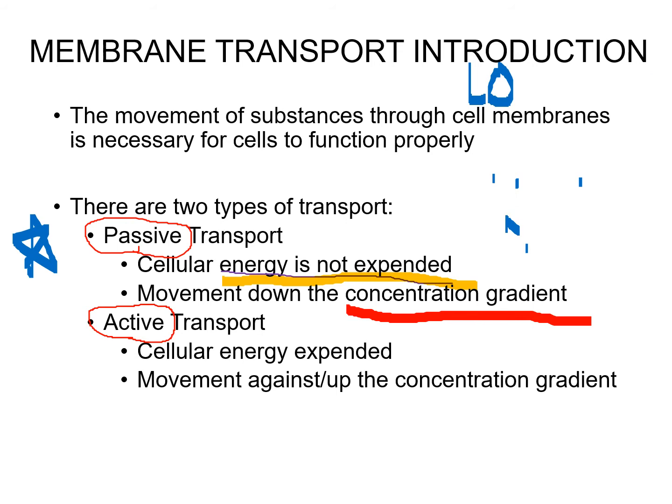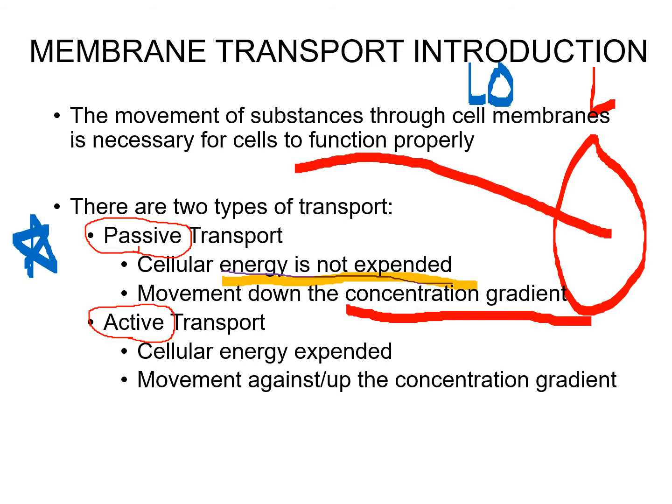So what happens is, as I'm trying to erase all this, let's just draw a box or a circle. That'll be our lung, L for lung. What happens is, as we take a deep breath in, all of those oxygen molecules naturally rush in to the lungs from a high concentration to a low.